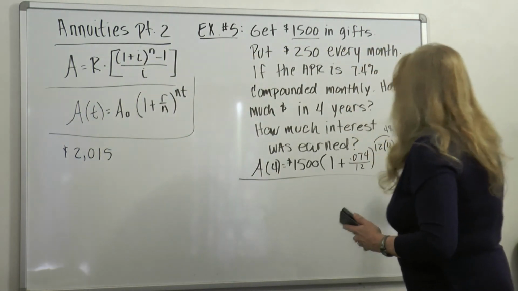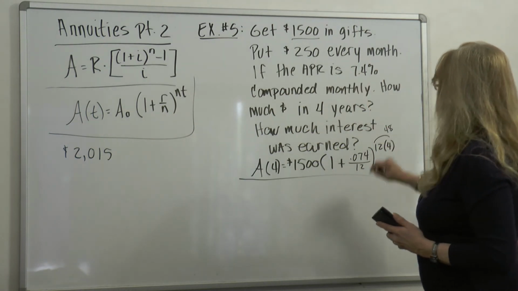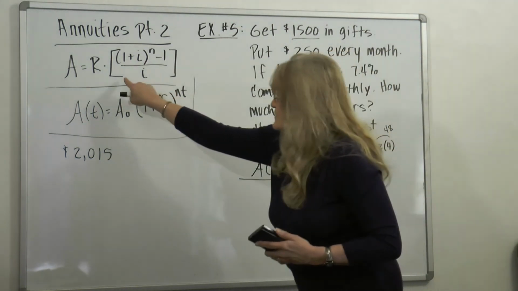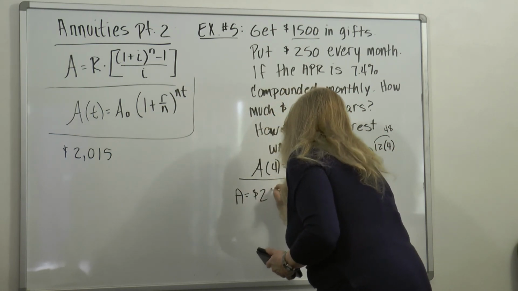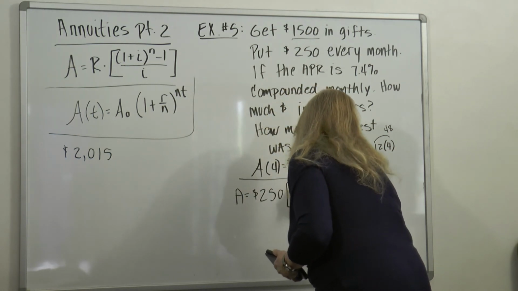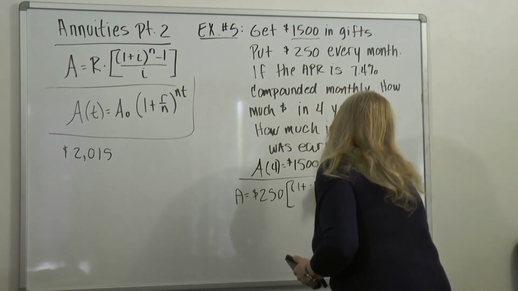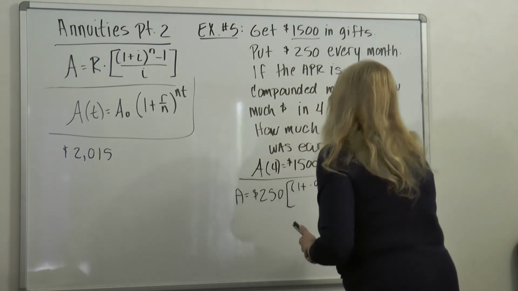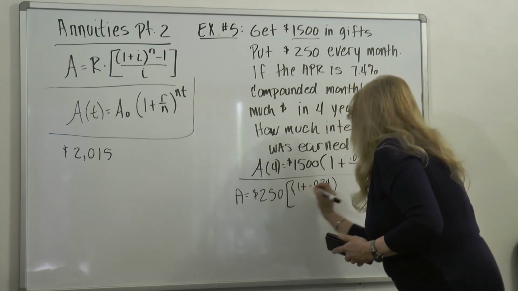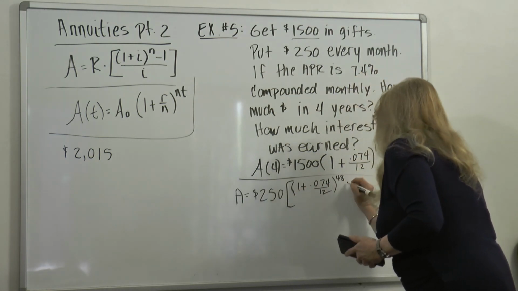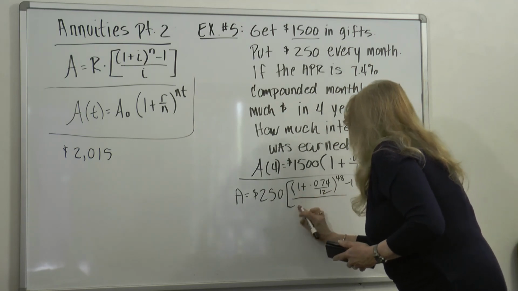Now, the second part of the problem is our $250 a month. So that's this thing. So A is equal to 250, and my N is going to be 48, because 4 years of making those deposits.